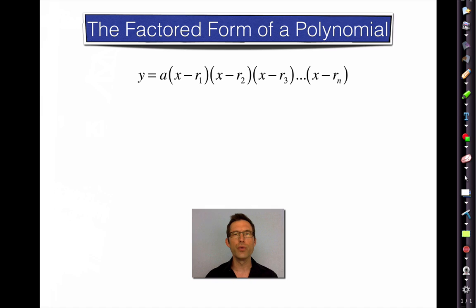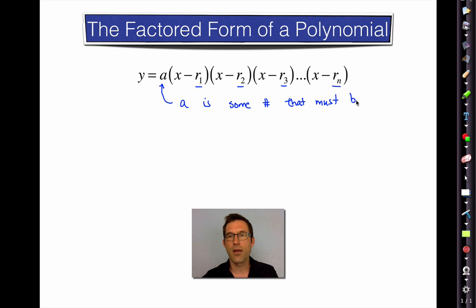If we know the roots or the zeros or the x-intercepts, here I'm going to call them roots, root 1, root 2, root 3, root 4, etc., of a polynomial, then we can write it in its factored form like this. Now, there's one little piece in here where a is some number that must be determined.